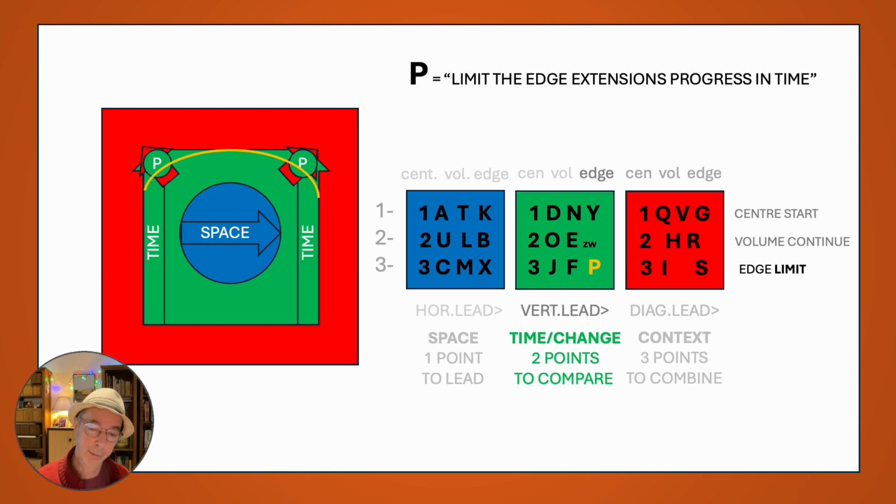In a central position, an in-between position, and a border position. In that way, also with horizontal, vertical, and diagonal. Also with horizontal leads, vertical leads, or diagonal leads. This is a complete system that you can analyze, and that you can analyze each position and letter from it.